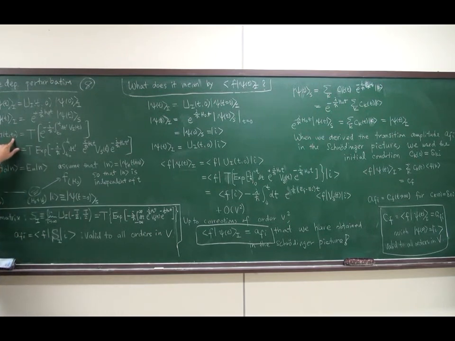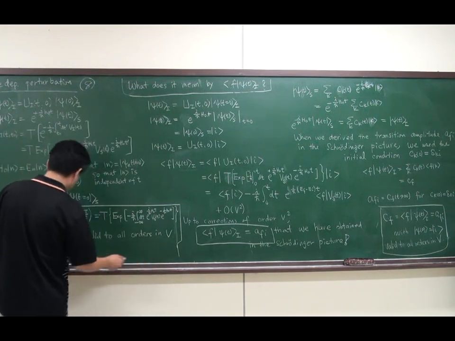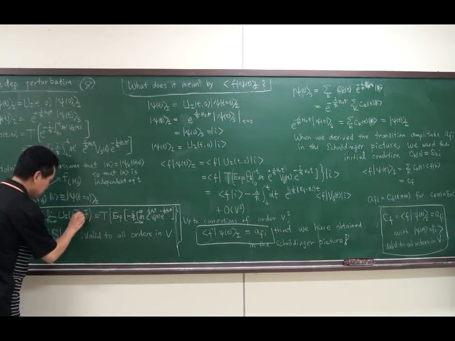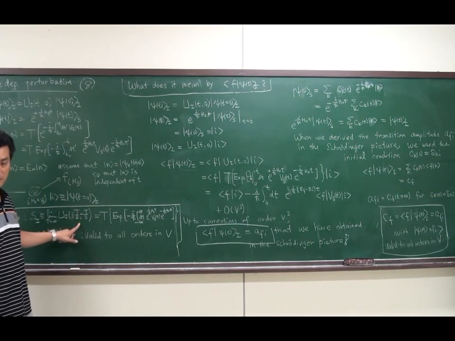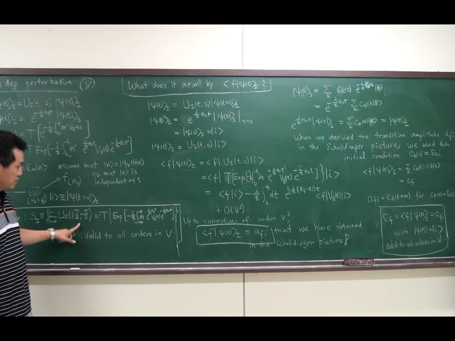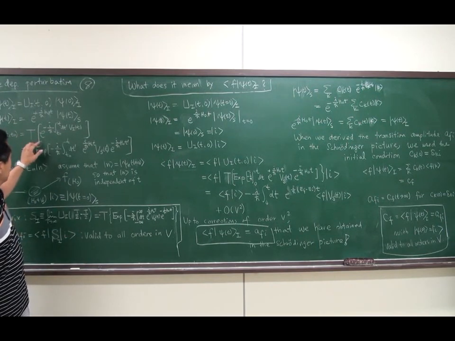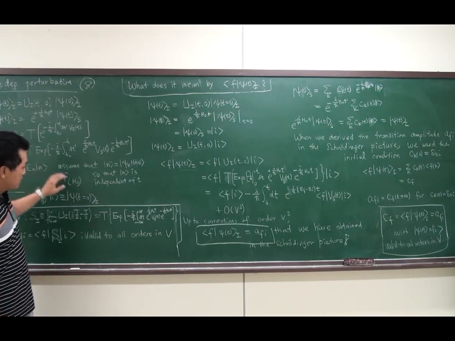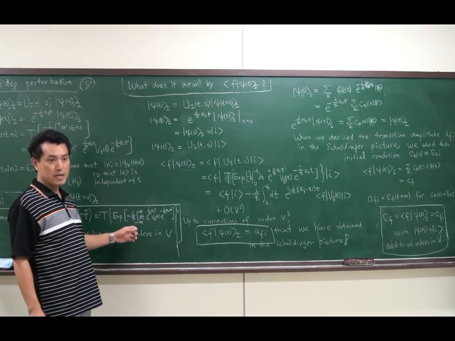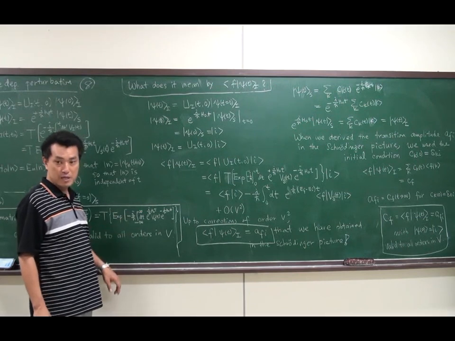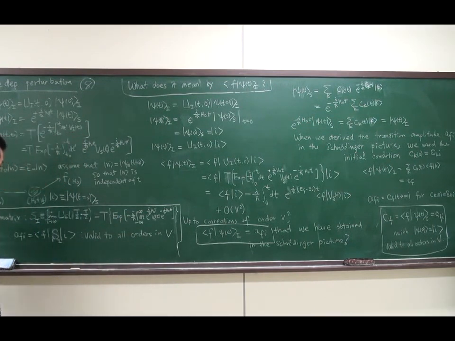This was connecting the initial time t0 and the final time t, but now we set them to minus infinity and plus infinity. From minus infinity to infinity. Then this is the same as this, except that I put the lower bound of time to be minus infinity and the upper bound of time to be plus infinity.